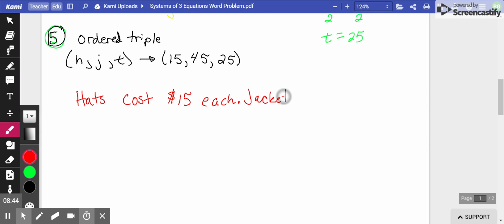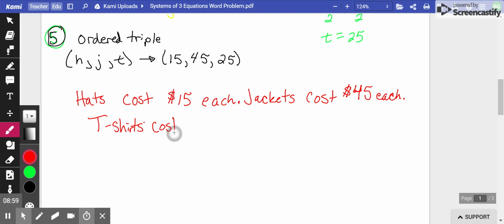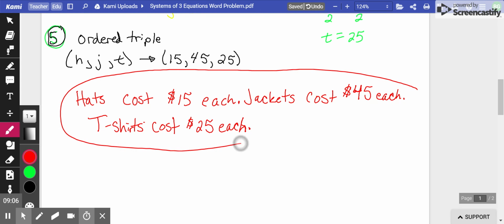Jackets, J, cost $45 each. And finally, t-shirts, which was the T, cost $25 each, which was what the problem wanted. So this is our answer. The ordered triple would look like this.